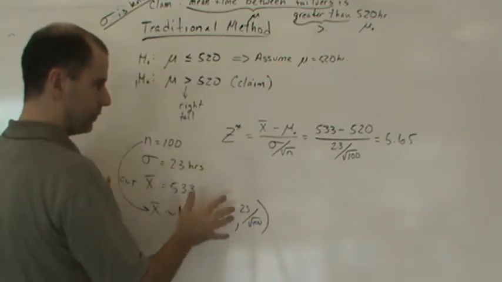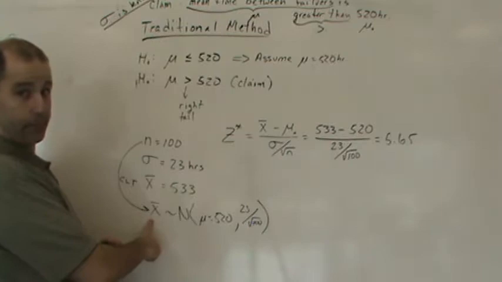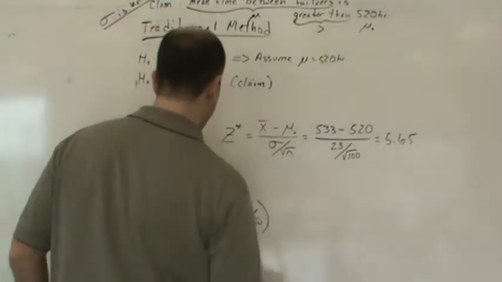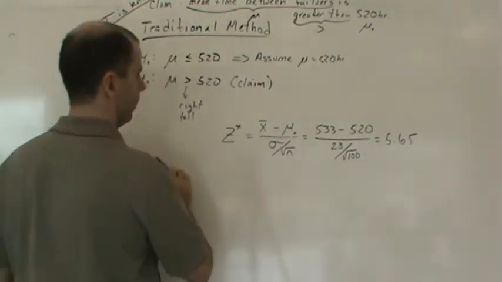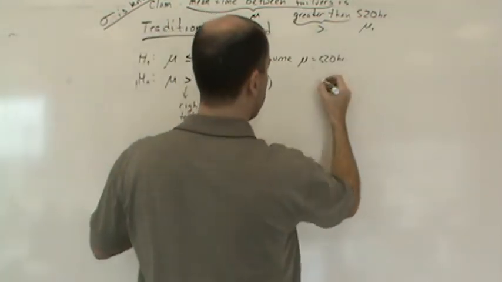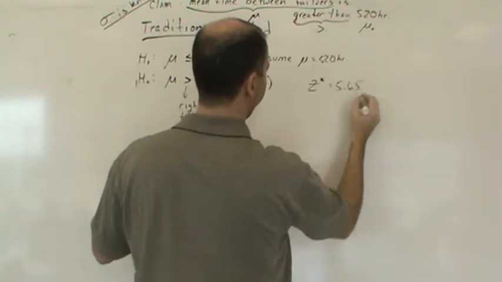That's what the sample data gives us. It gives us our test statistic, which is basically our sample mean, but we convert it into a z-score. So our z star we found out is 5.65.